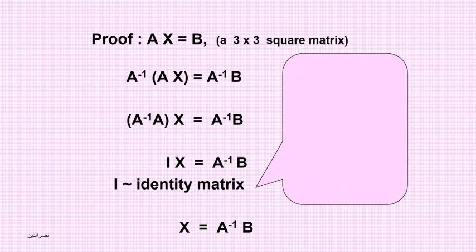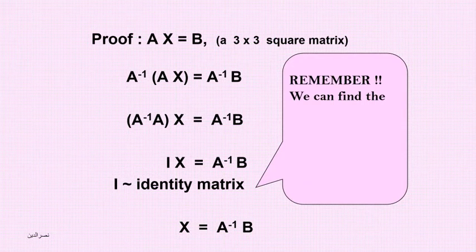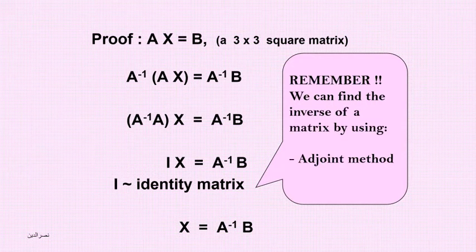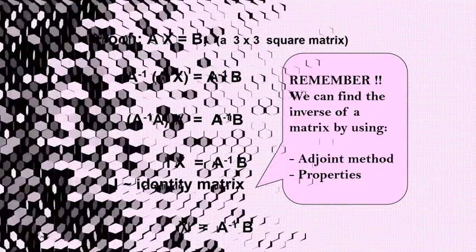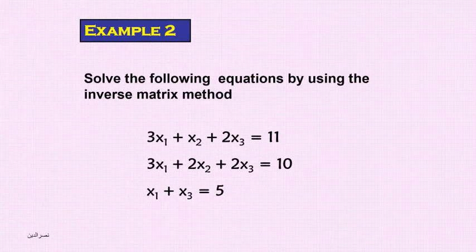You have to remember, in order to find the inverse of A, we can use two methods: the adjoint method or the properties that we already learned before. Example 2. Solve the following equations by using the inverse matrix method.